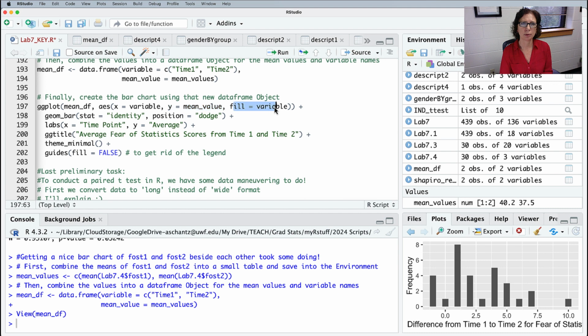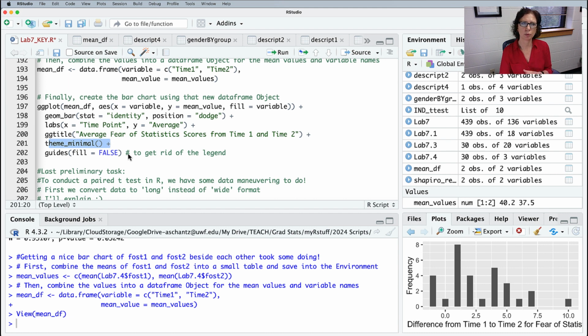And then put the fill using whatever the value from the variable. I'm doing geom_bar identity and putting them beside each other. I'm giving labels. I'm giving a title. Theme minimal is to keep it from being too busy with the grid lines and all of that.